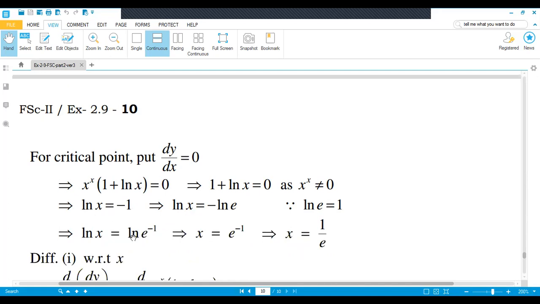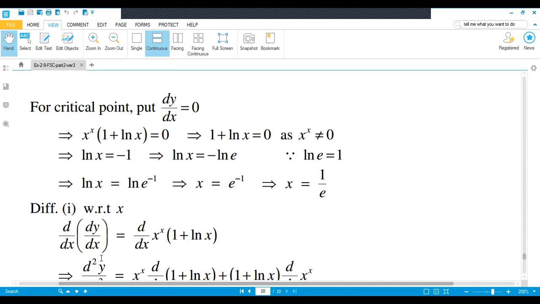So minus 1, natural log and natural log cancel. So natural log of e, this minus 1 is a coefficient, so you know that the coefficient will come in the power, so e power minus 1. Natural log and natural log cancel, so x is equal to e power minus 1, or x is equal to 1 over e.